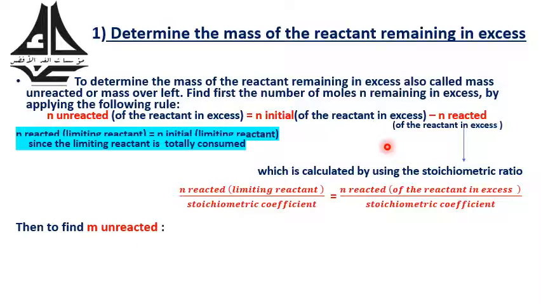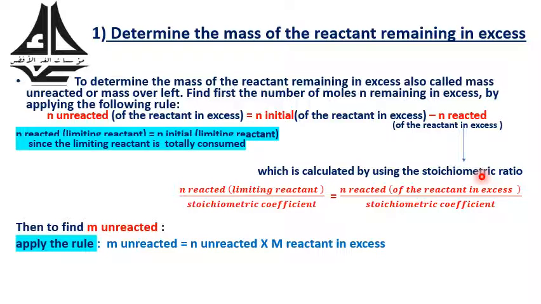So now, once we have found the number of mole unreacted of the reactant in excess, we can find the mass unreacted of the reactant in excess by applying the formula, mass unreacted equal number of mole unreacted times the molar mass of the reactant in excess, where small m is the mass, small n is the number of mole, and capital M is the molar mass.